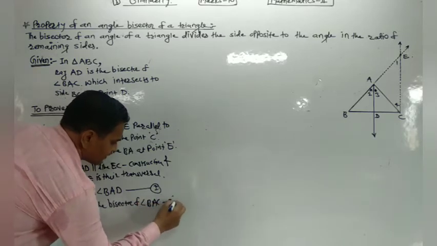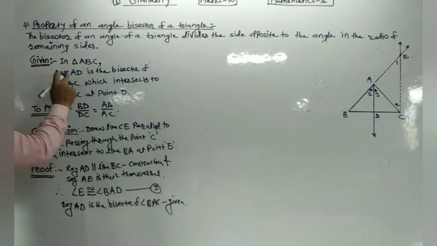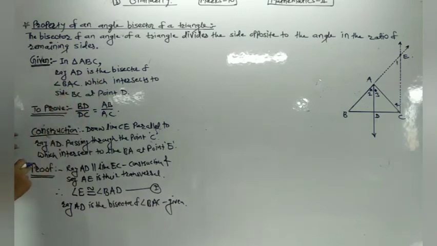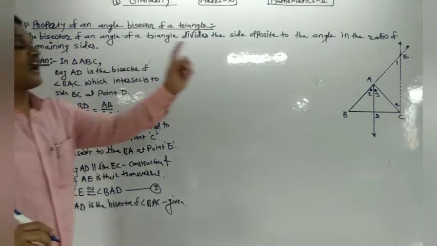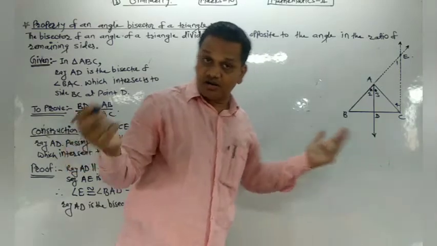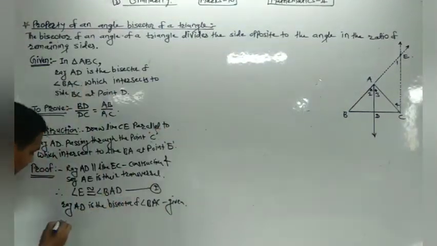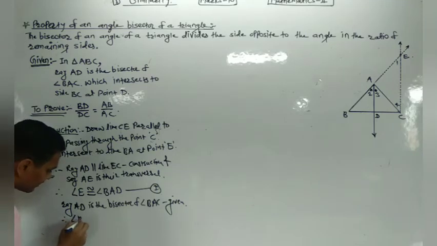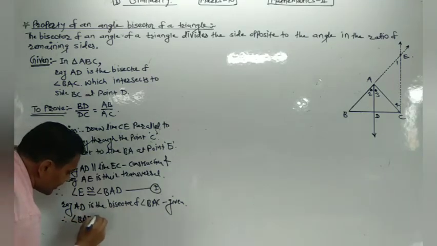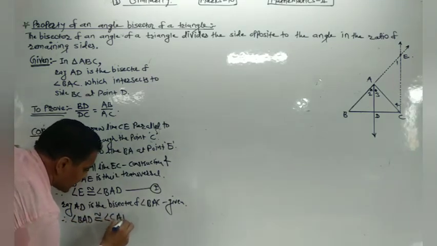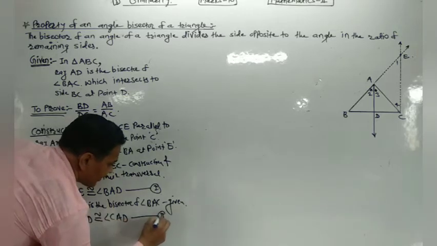Who said this? It is given here in the given. From this we can say that angle number 2 and angle number 3 are congruent. Means angle BAD is congruent to angle CAD. This is step number second. Right.